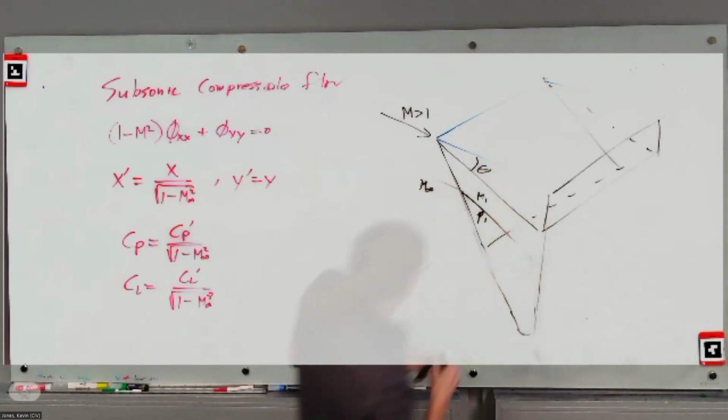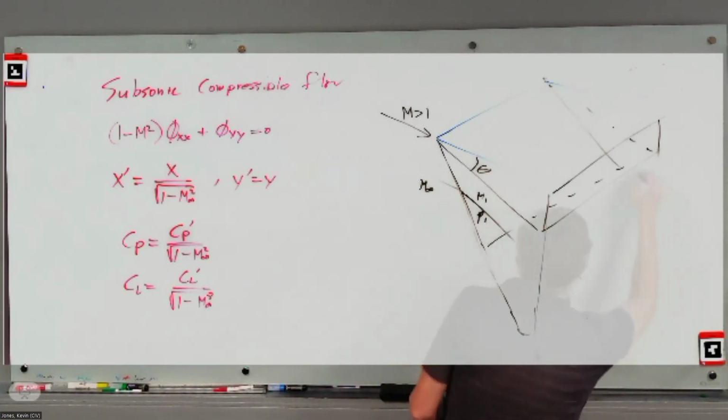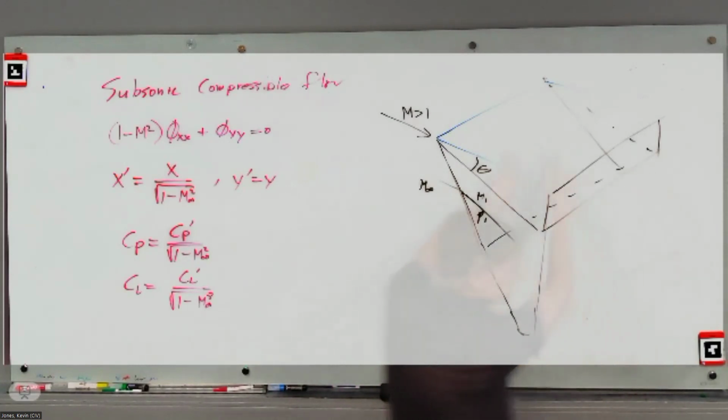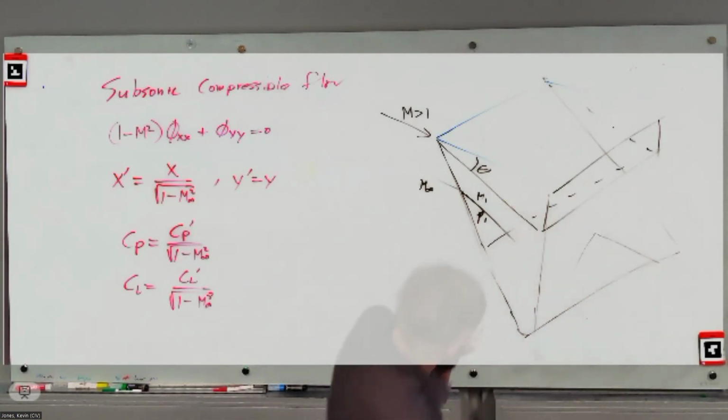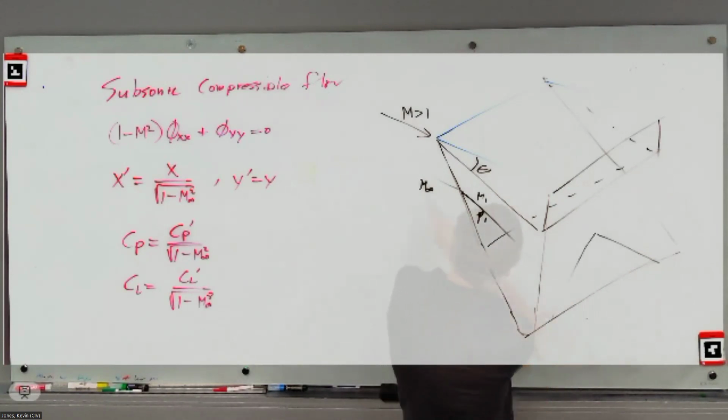And so what he did, he got a little craftier, and let's say that this shock was generated by an imaginary wedge. And so if I go upstream, or let's say even on the back plane, if I draw some shape like this, and then I look at all the streamlines that go through all this flow upstream, pass through this line, all these parallel lines, and they go until they hit the shock.